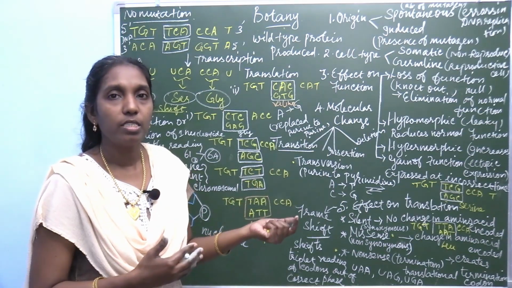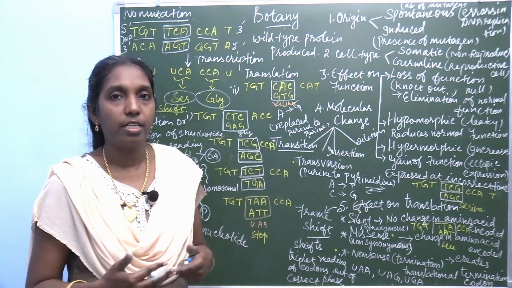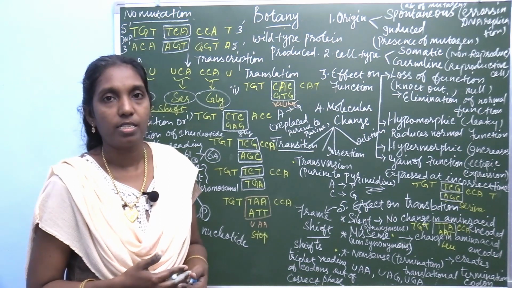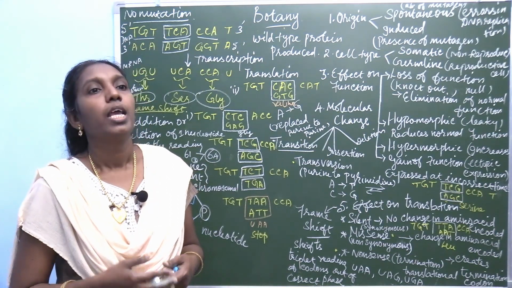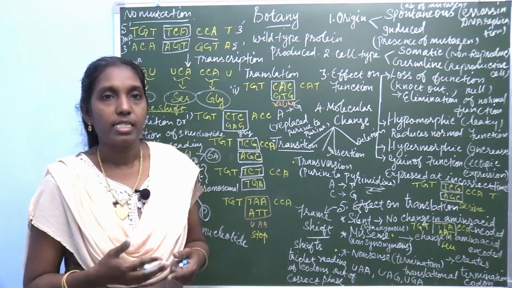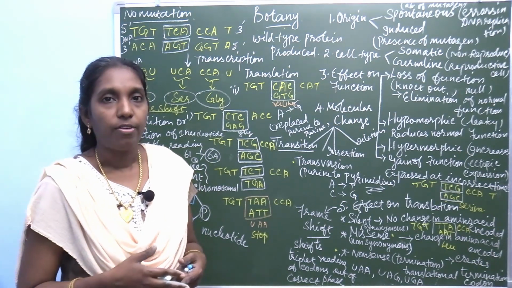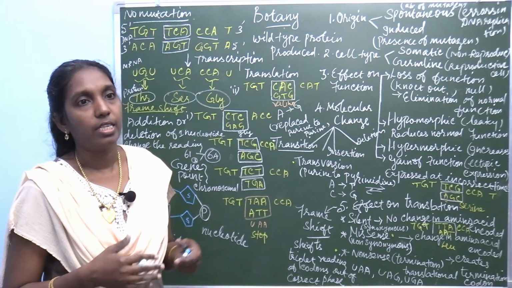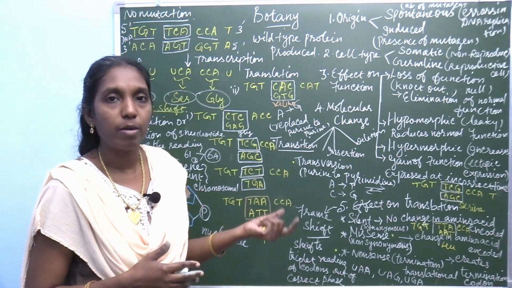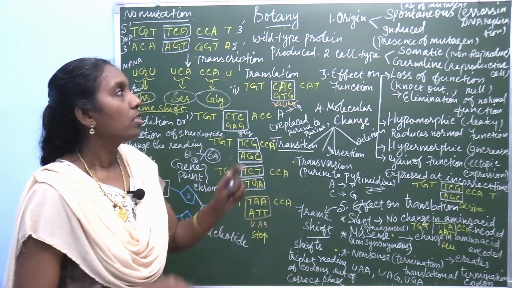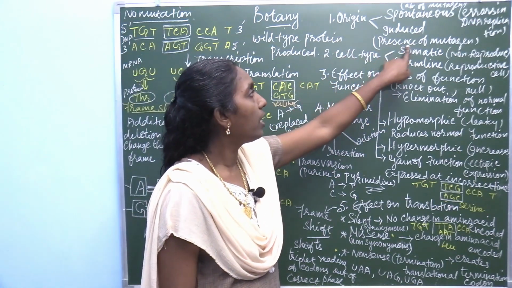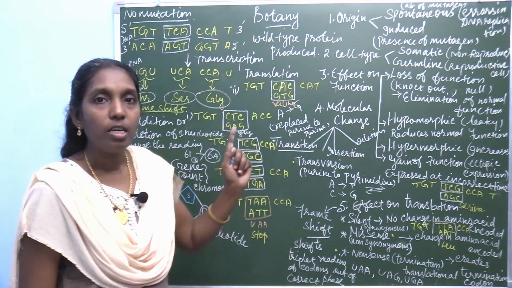Chemical substances such as mustard gas, nitrous acid, ethyl methane sulfonate and methyl methane sulfonate are some examples of chemical mutagenic agents. So in induced mutation there is presence of mutagen.